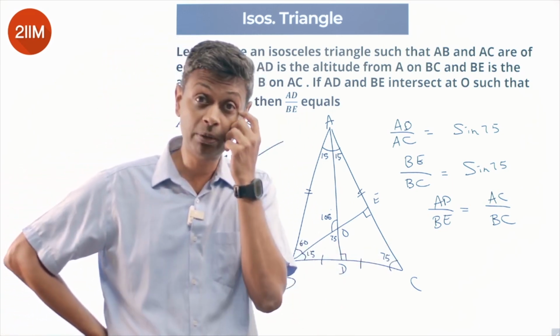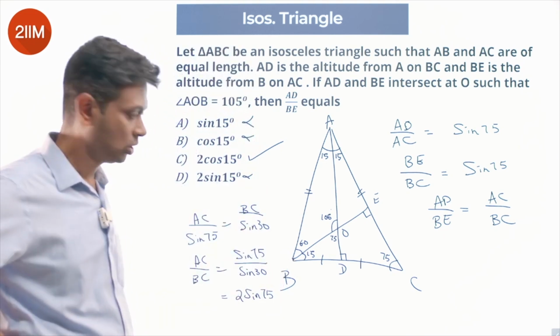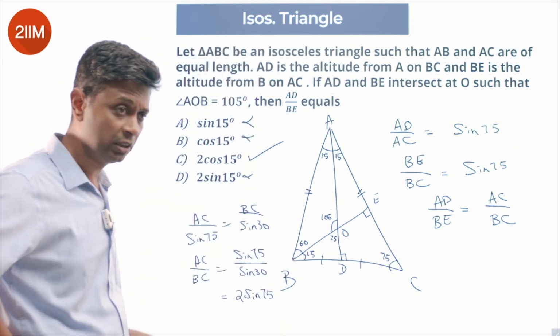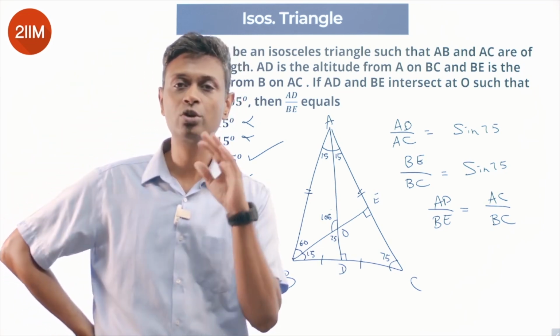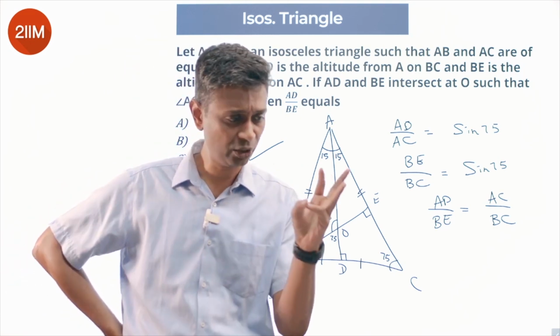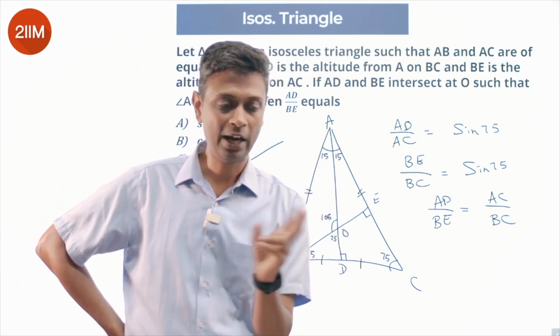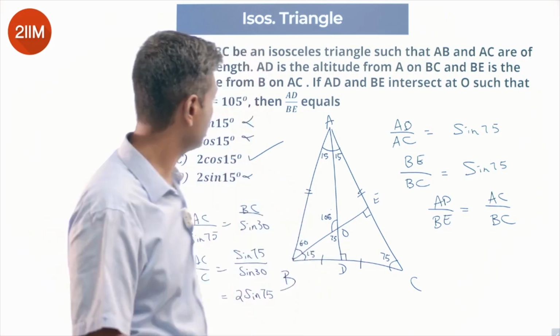A by sine A equals B by sine B equals C by sine C. So AC by BC, which is AD by BE, is sine 75 by sine 30. Sine 30 is 1 by 2, so it's 2 sine 75, which is 2 cos 15. Beautiful question, super challenging, tough question. We'll have to use some trigonometry and sine rule and manipulate a little bit and know that sine 75 is cos 15. Brilliant.